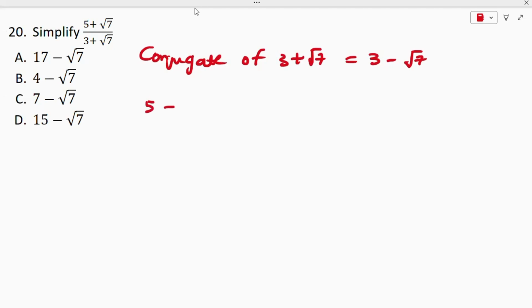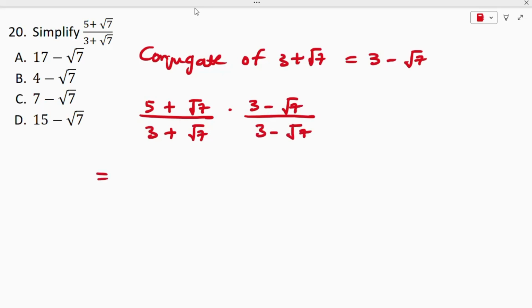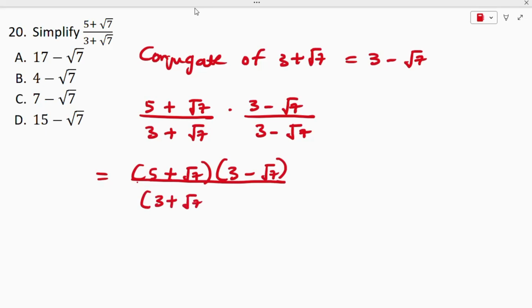So we have (5 plus root 7) divided by (3 plus root 7), multiplied by the conjugate, which is (3 minus root 7) divided by (3 minus root 7). So this is equal to (5 plus root 7) multiplied by (3 minus root 7), divided by, for the denominator, (3 plus root 7) multiplied by (3 minus root 7).